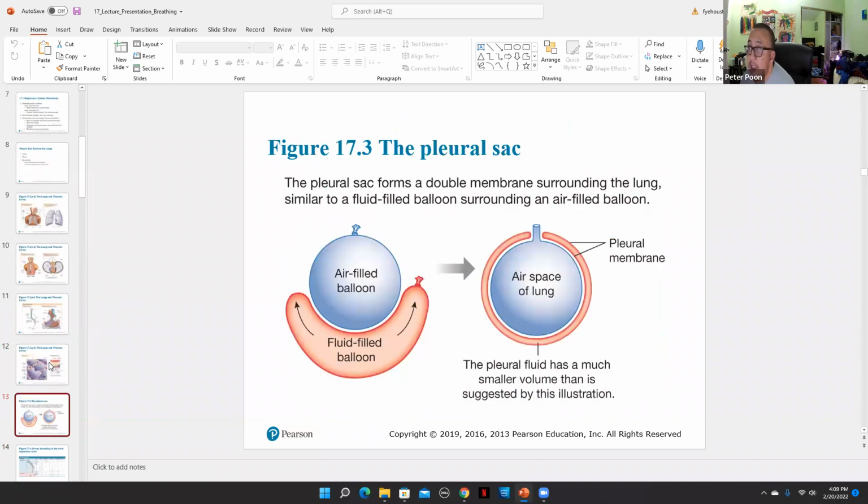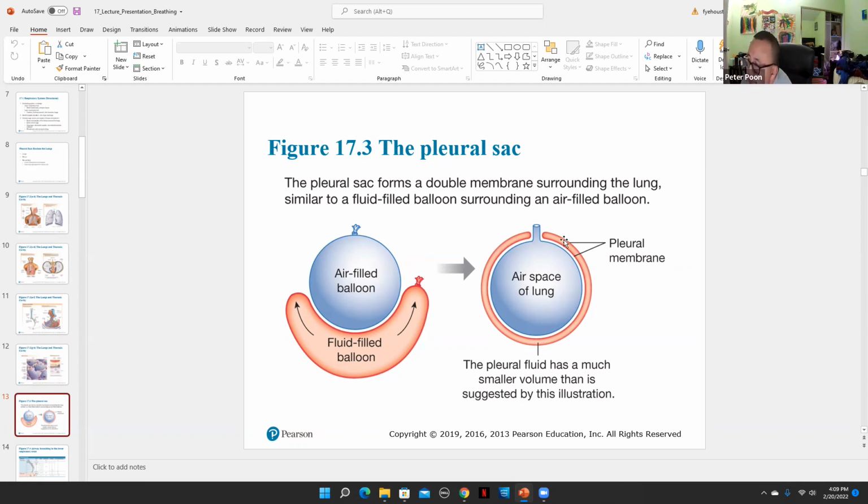Okay, the pleural sac. The pleural sac forms a double membrane surrounding the lung, similar to a fluid-filled balloon surrounding a water-filled balloon. The anatomy book example is actually better. It's like your fist, and then your other hand surrounding your fist, punching into the balloon.